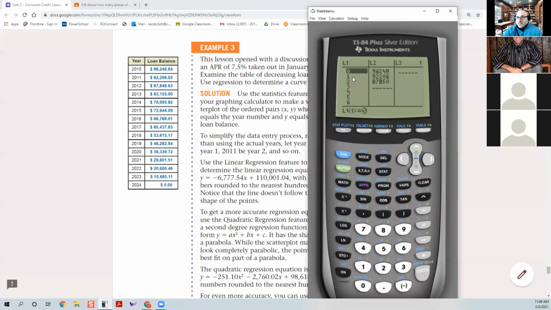At 0 years, you paid nothing already. So you want a starting value. Ah, so Mr. K is saying at 0, I don't want to model this exactly. What I'm going to do is put 100,000 in here. He's saying I can do it this way and then do 96,248. Yeah, absolutely. I can do it that way. And that's fine.